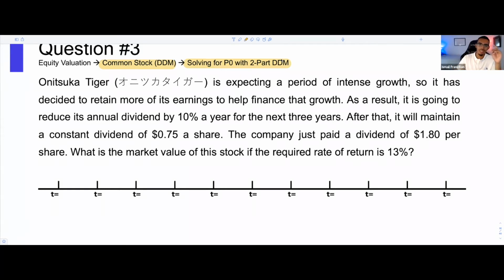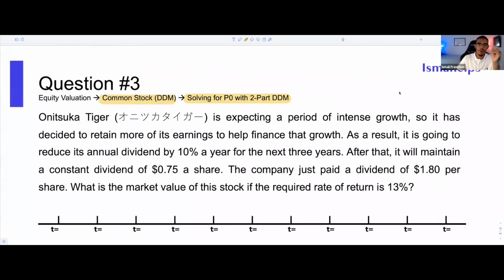Once again, for equity valuation questions, especially those dealing with DDM, there's not 1,000 formulas that you need to use. There's one classic formula that you need to use. Don't get it twisted, it's as easy as that.